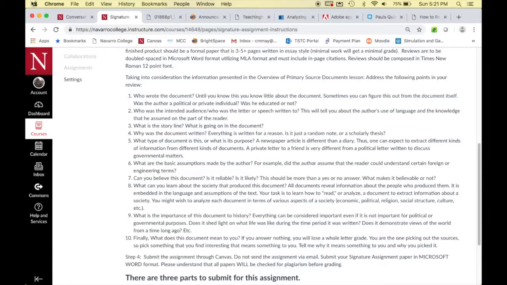And again, on the first question up here, secondary sources will be a good place to get information about your author and how they're writing and when they're writing.